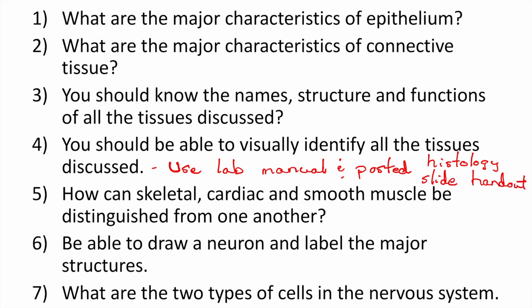You should know the 3 types of muscle, which include skeletal, cardiac, and smooth, and be able to distinguish one from another. And you should be able to draw a neuron and the 2 types of cells in the nervous system.